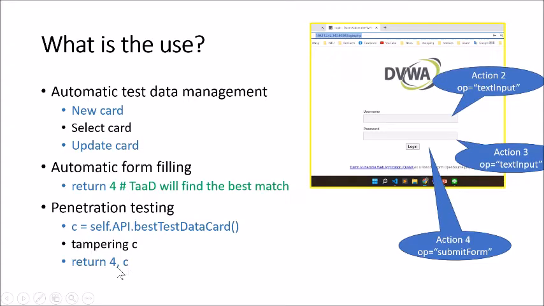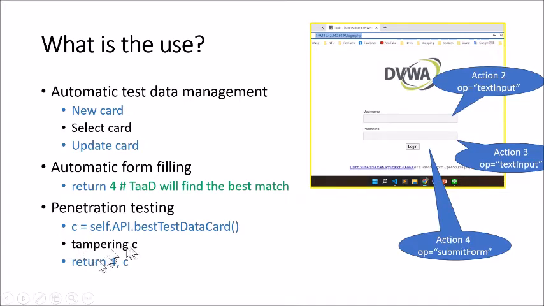Then in this case, TaaD, when receiving the return value of your get test input method, will first recognize that the number 4 action is with operation code submit form.